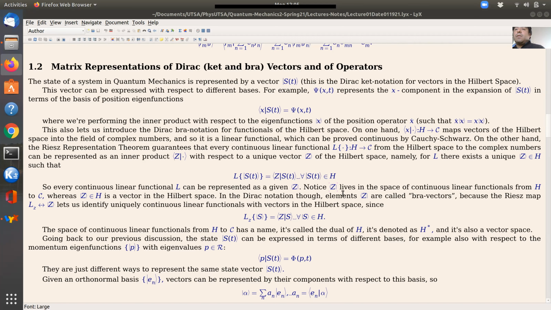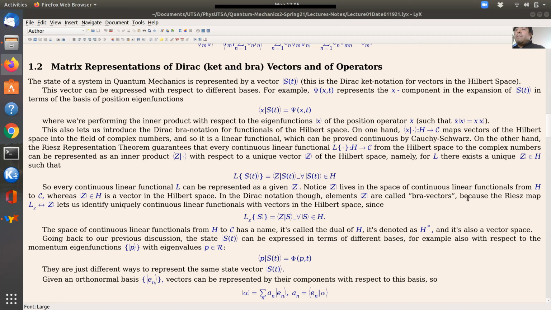So the notation is giving away the role. The ket vector is a vector, the bra vector is a functional. I'm just trying to clarify the difference between these two objects mathematically, which will be helpful for our physics studies. So again, the Dirac vector elements of the type Z with this bra thing are called bra vectors.